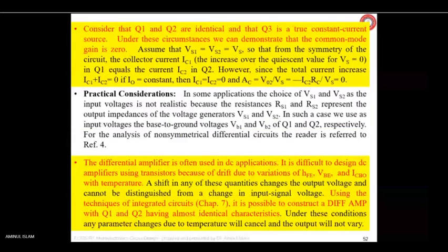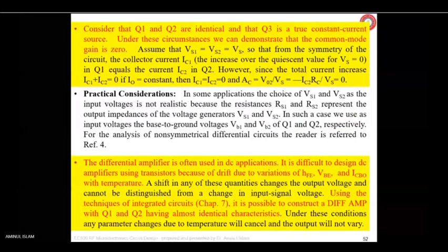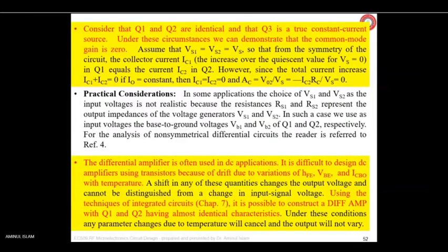Consider that Q1 and Q2 are identical, and Q3 is the true constant current source. True in the sense that it is going to supply a constant IO, whether it has used 2 diodes and 3 resistors or whatever.